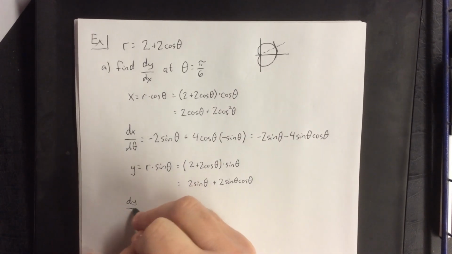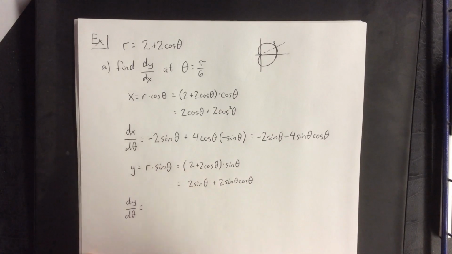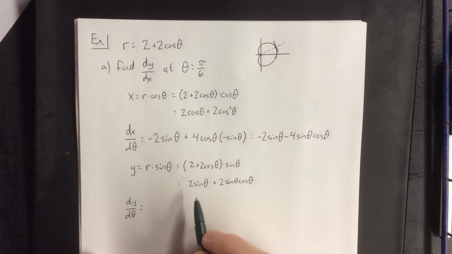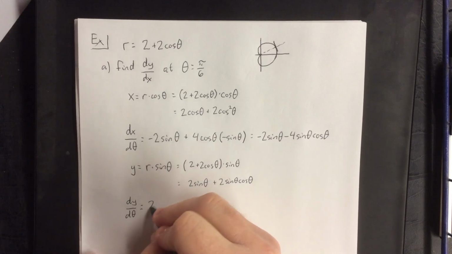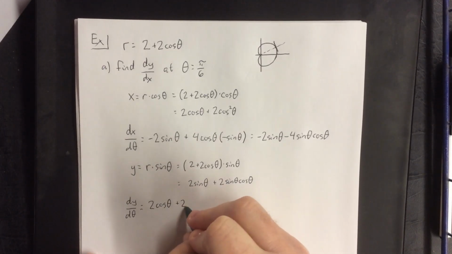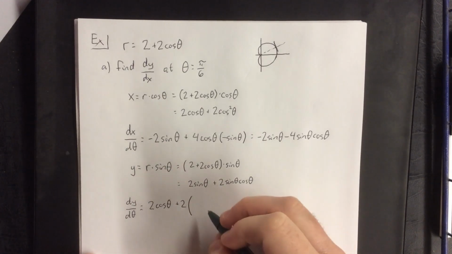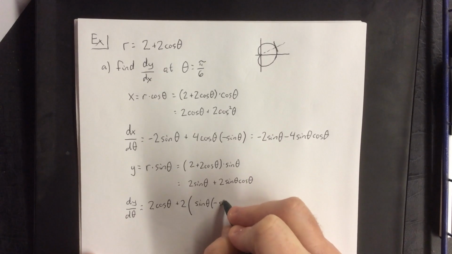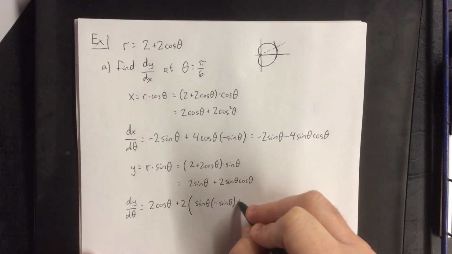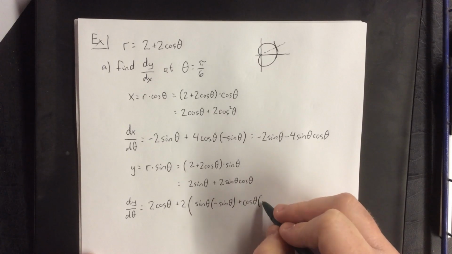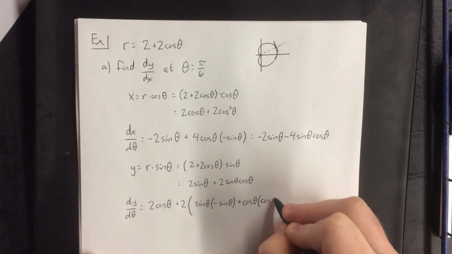Then dy d theta is going to require a simple derivative for the first one and then the product rule for the second one. This will be 2 times the cosine of theta plus 2 times, and then we'll apply the product rule. This will be first times the derivative of the second plus second, cosine of theta, times the derivative of the first. The derivative of sine of theta is cosine of theta.